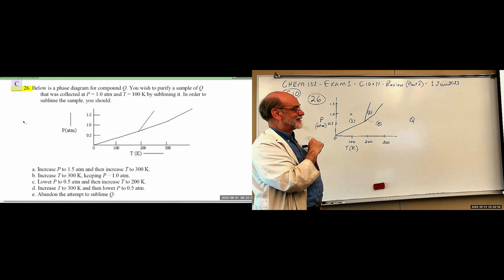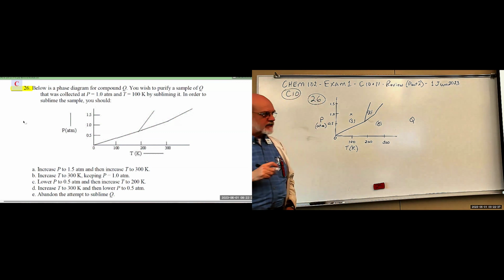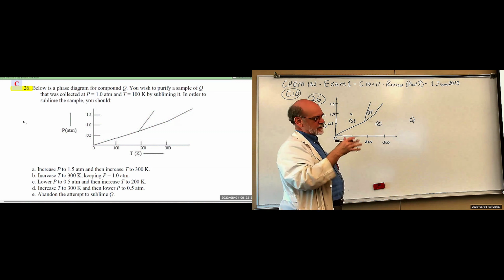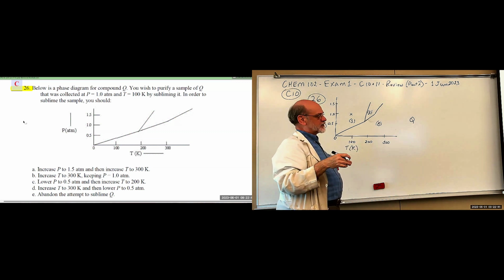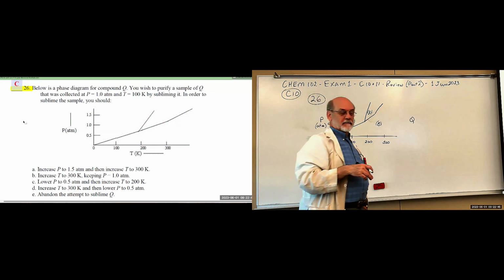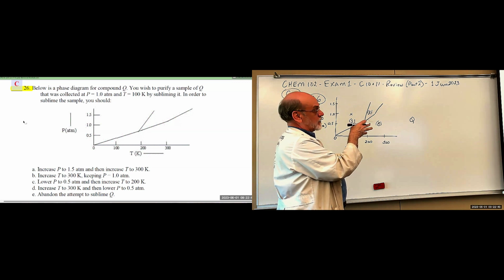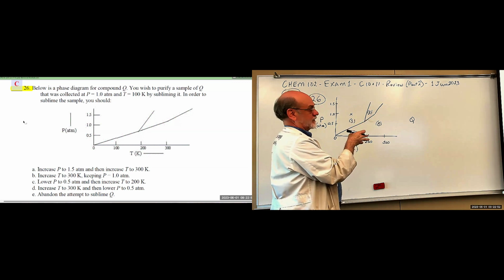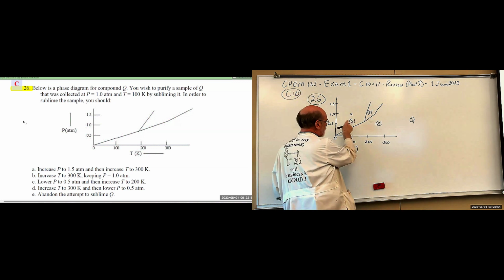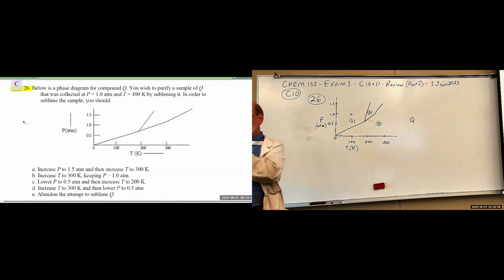But anytime you create something and you collect it at a given temperature, pressure, there's always the risk of contamination. So we want to purify it further. And one way to purify it is, according to this problem, we want to sublime it. In other words, go from solid to gas. And then when the gas comes off, we collect the gas and deposit it as a solid on another.